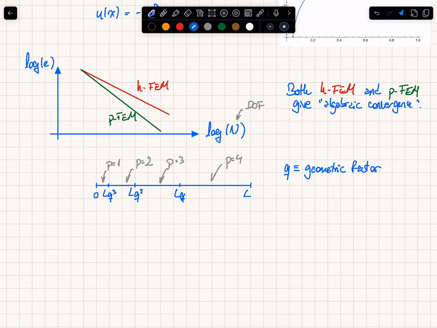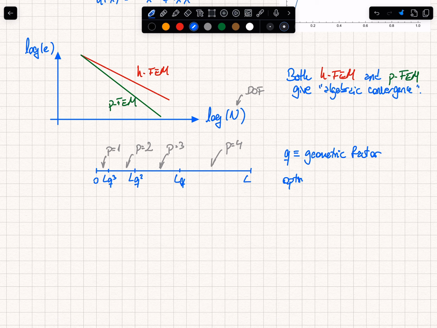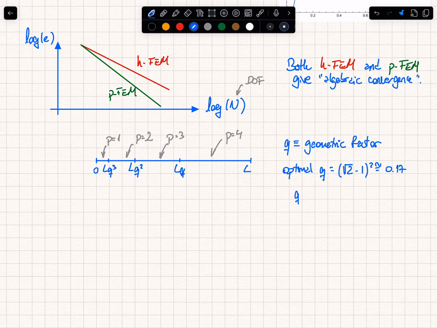It has been found that an optimal value of that Q is more or less equal to square root of 2 minus 1 squared, which is approximately 0.17. In practice, people use Q of 0.1, 0.15, in that range. These are the so-called geometric meshes.